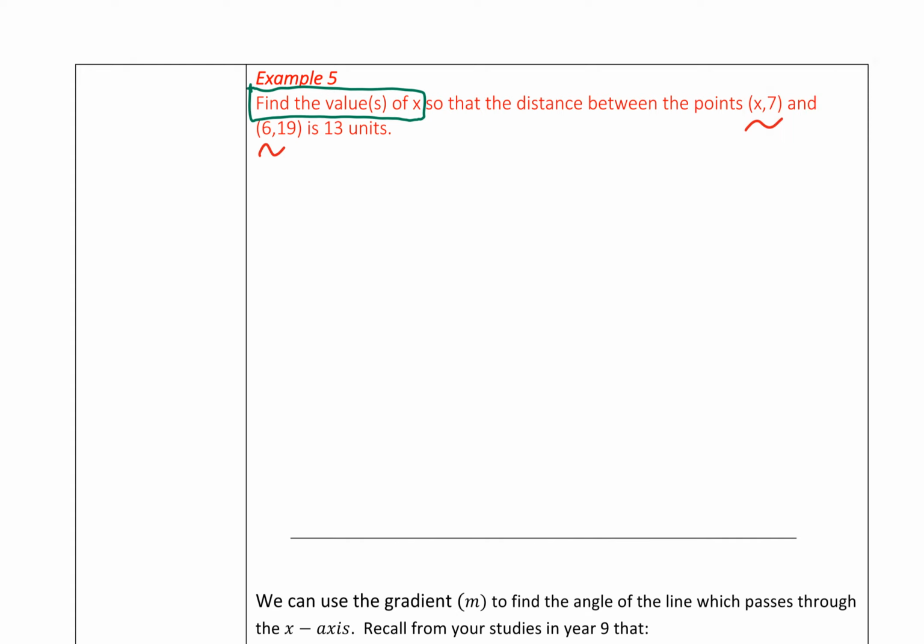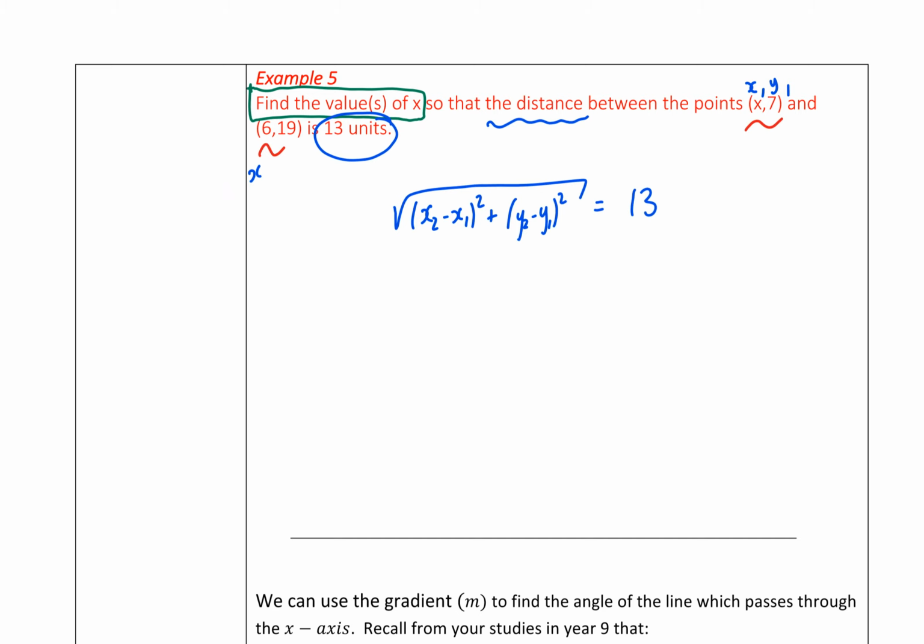And the context here is that the distance is 13 units. Well, I know that my distance formula, x2 minus x1 squared plus y2 minus y1 squared is equal to 13 units. I do have an x1, y1, and I do have an x2, y2.